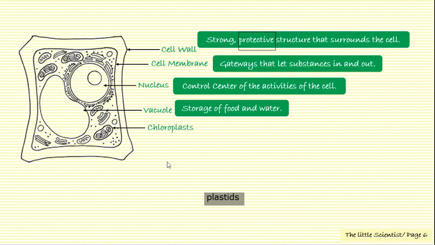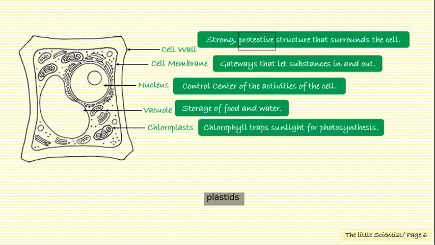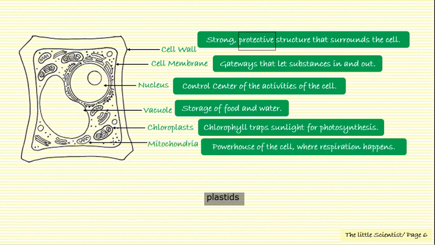The chloroplasts contain the chlorophyll. The chlorophyll's job is to trap and to catch sunlight needed for the plant's photosynthesis. And last, we have the mitochondria, which are the energy sources in the cell. Okay, clear?